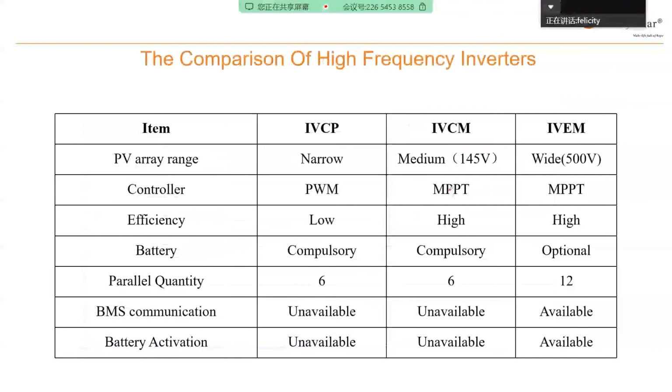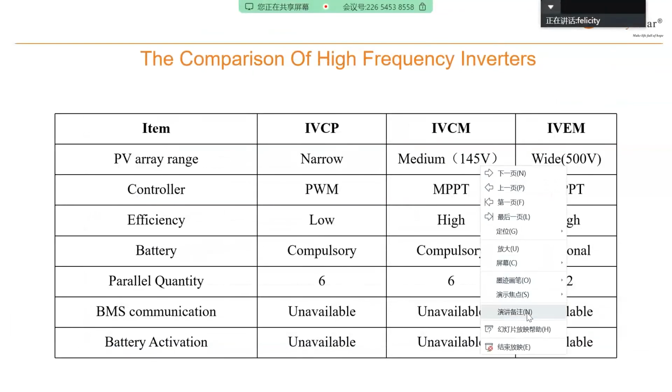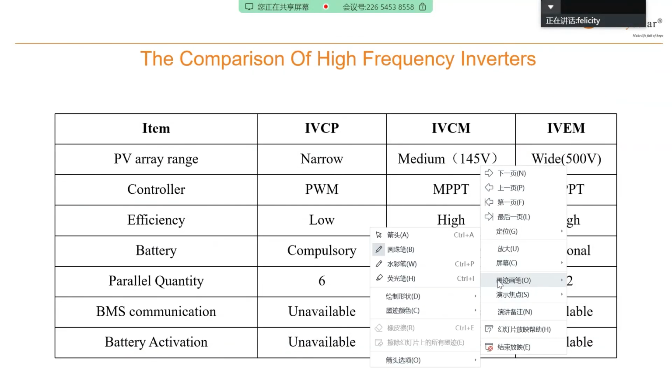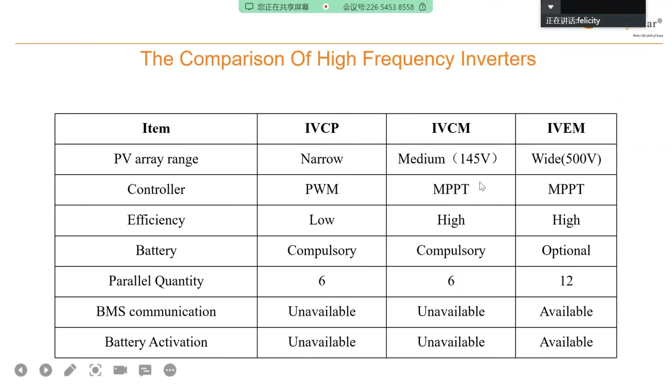Here I made a conclusion comparing all these different models like IVCP, IVCM, and IVEM. Here, as you see, the PV input range: the IVCP is the most narrow, and the IVEM is the widest.